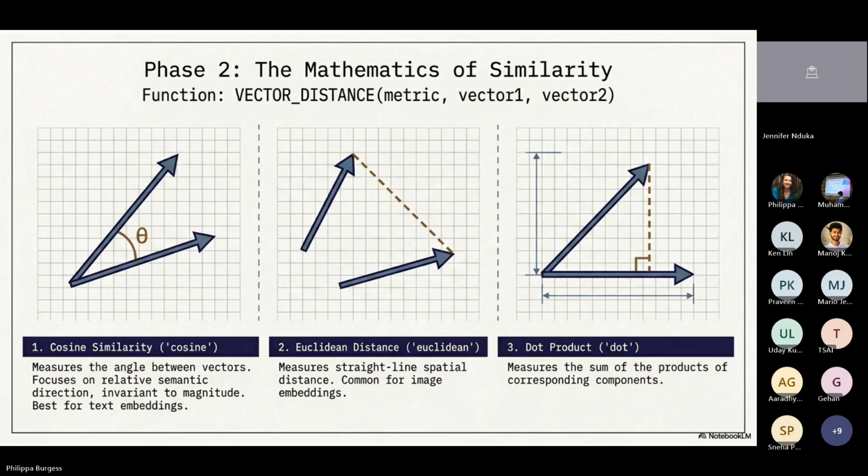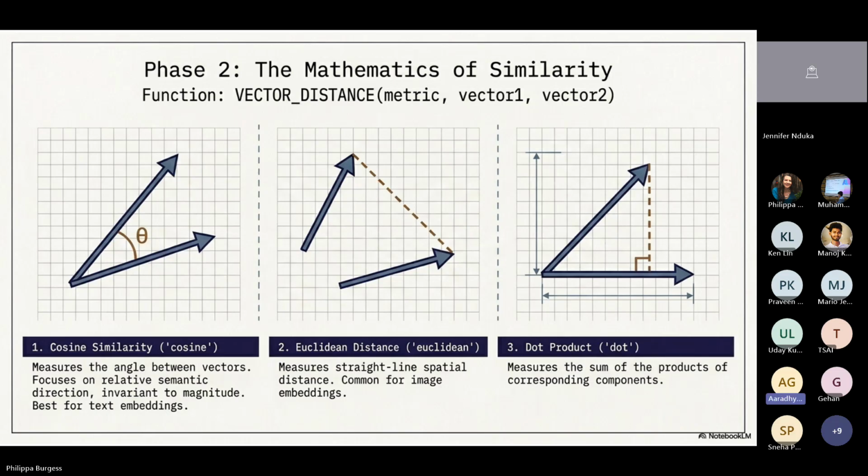Let's break down these three metrics because choosing the right one is critical for your architecture and your DP-800 exam. First, we have cosine similarity. Cosine similarity ignores the length of the vector arrows and focuses entirely on the angle. This is the gold standard for text and natural language processing. Why?